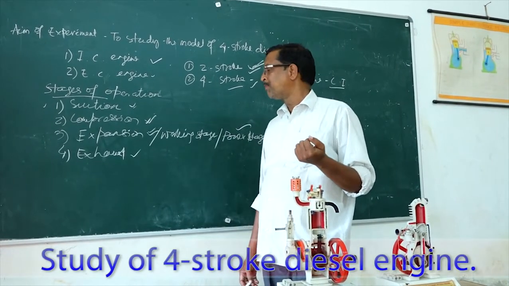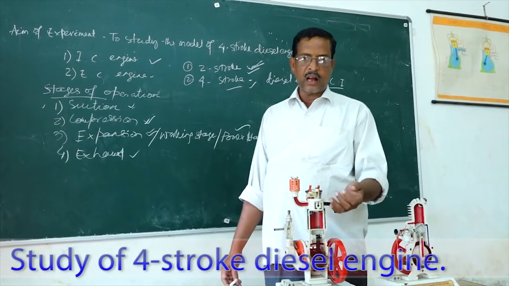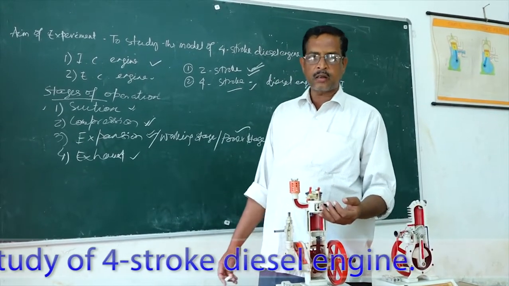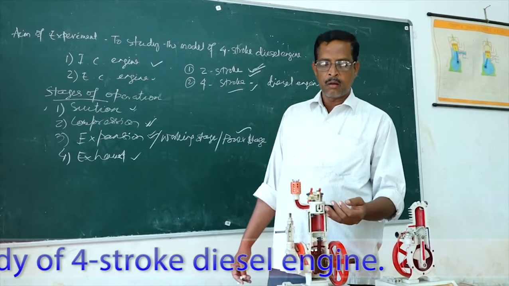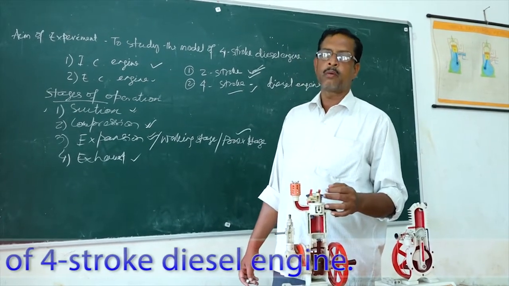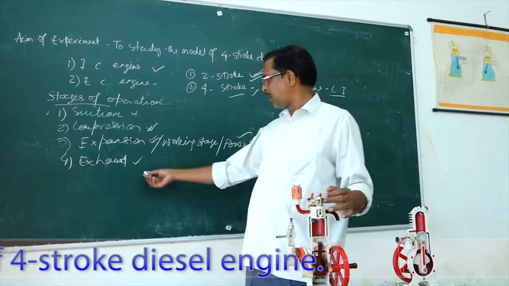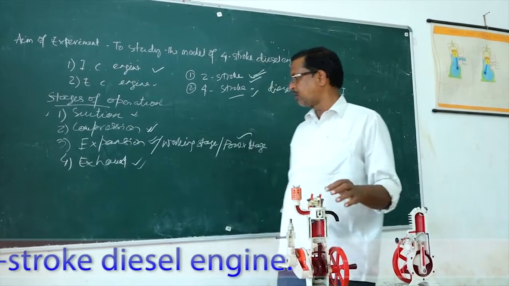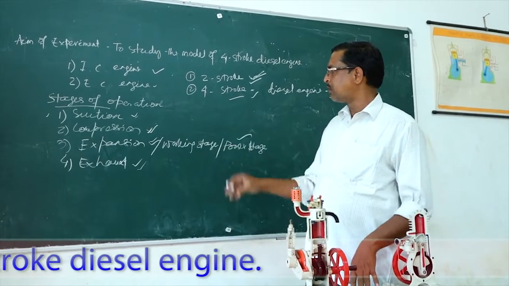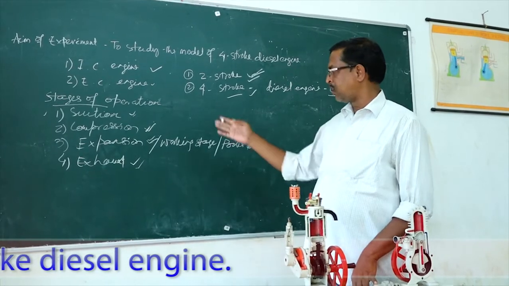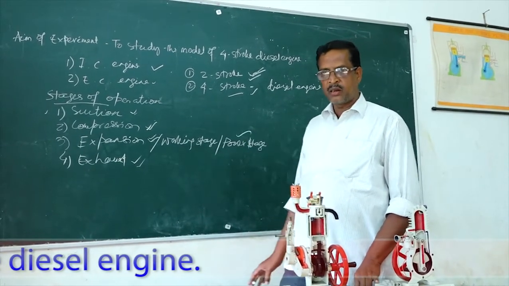After the expansion, the burnt gases are passed away from the engine cylinder by the exhaust valve. So this operation is the exhaust stage. Like this, the operation is completed, and it is one cycle of the engine.